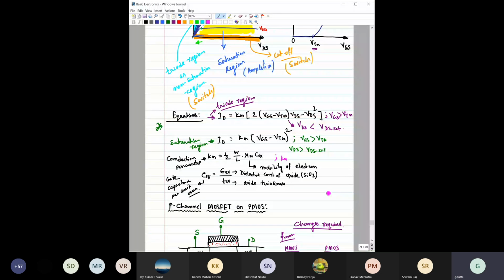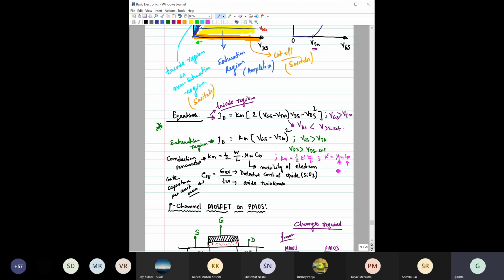Right. So sometimes this Kn is also written in this fashion, that this Kn is equal to half K dash into W by L. So from here I understood that this K dash stands for mu n Cox. This mu n and Cox is the process parameter, means this is the mobility and this is the gate capacitance per unit area.